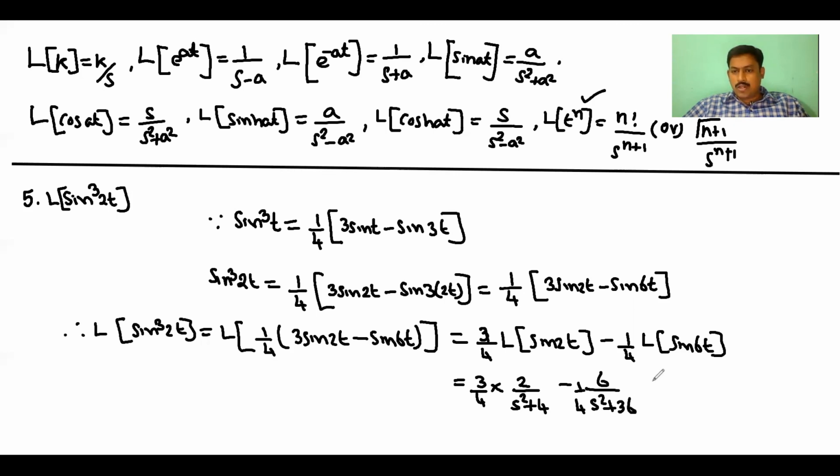If you want, you take the terms out. The numerator is 6 and the denominator is 4, common in this, so you can take it out, and the remaining terms are 1 divided by s square plus 4 minus 1 divided by s square plus 36. That is the required answer. If you want, you can cancel it and write 3 by 2 into 1 by s square plus 4 minus 1 by s square plus 36.